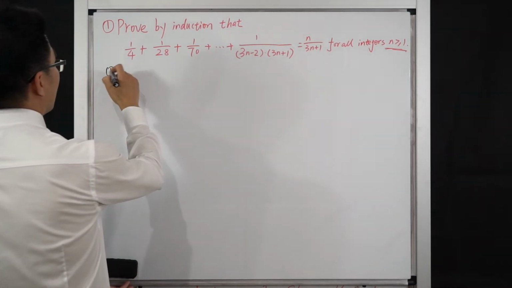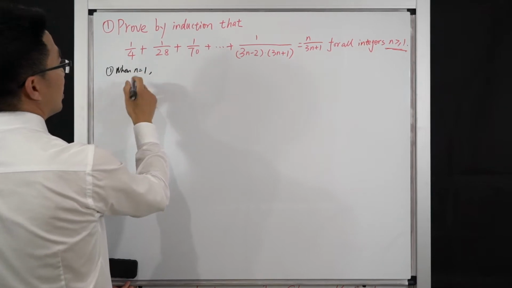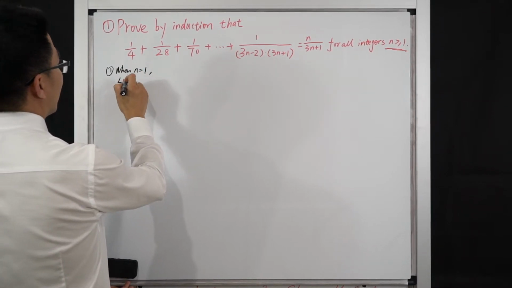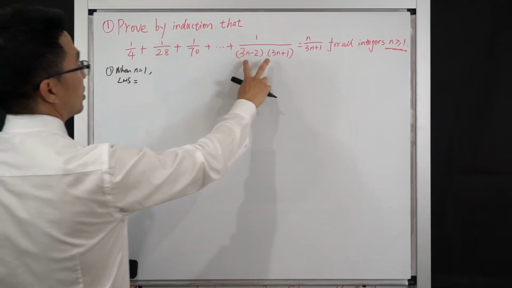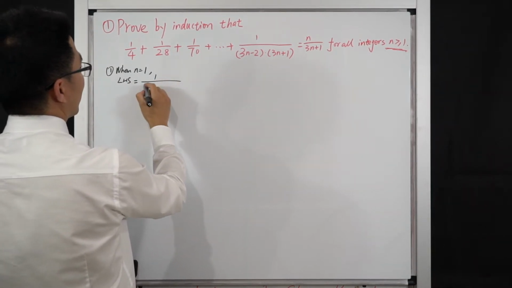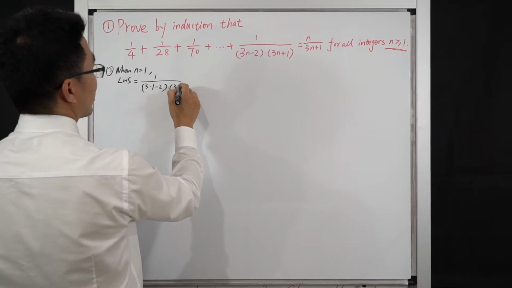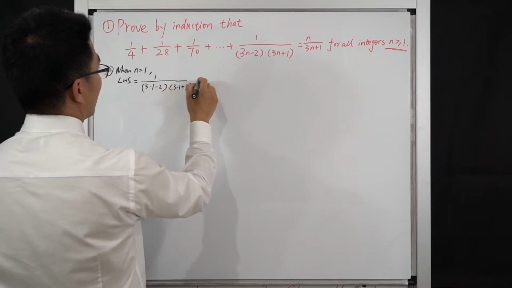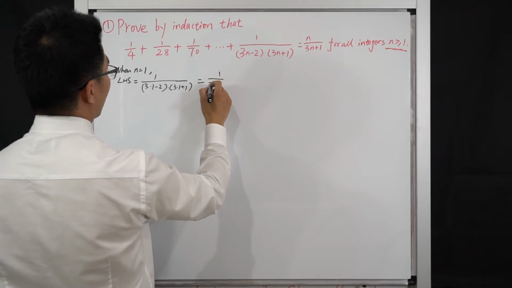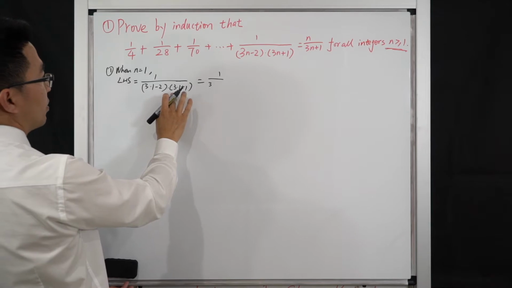Okay, the first step, when n equal to 1, the left-hand side of the statement is equal to, we substitute n equal to 1 to here. We have 1 over 3 times 1 minus 2, and then times 3 times 1 plus 1. 3 minus 2 is 1. So here 3 times 1 plus 1 is 4.